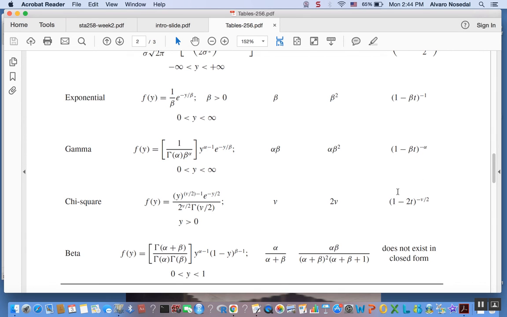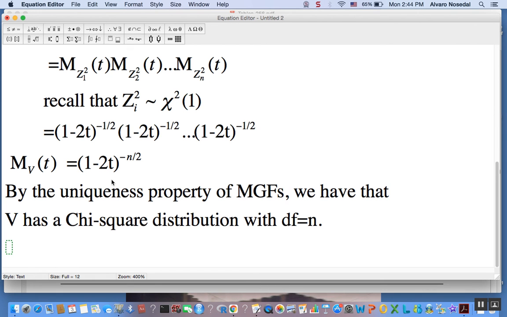Can you see it? That would be another way of saying it. It's equivalent.